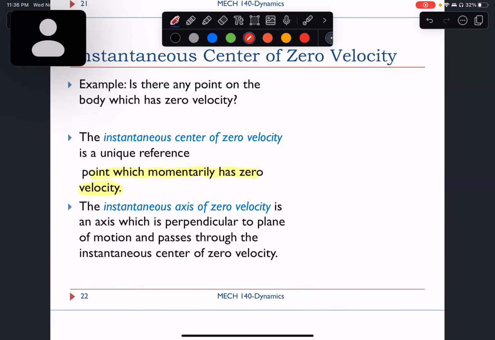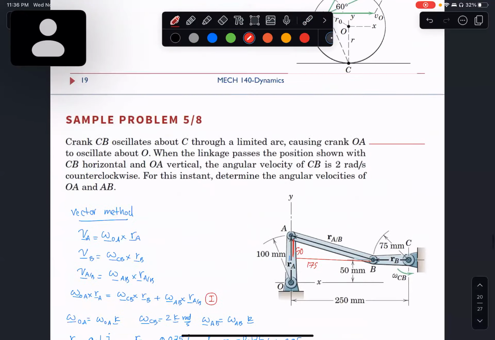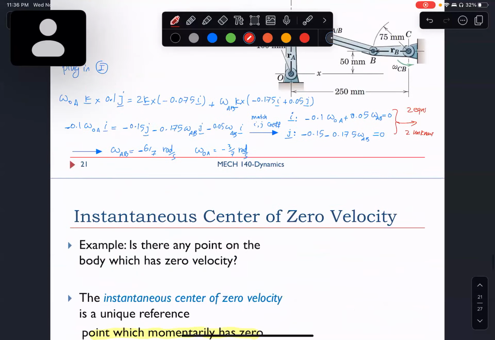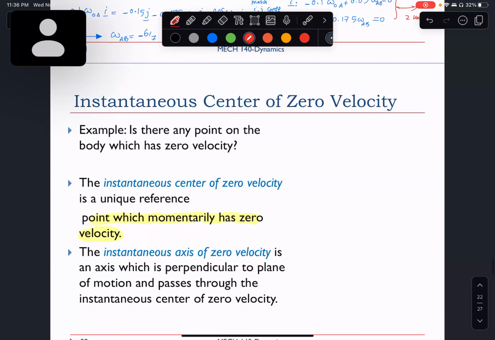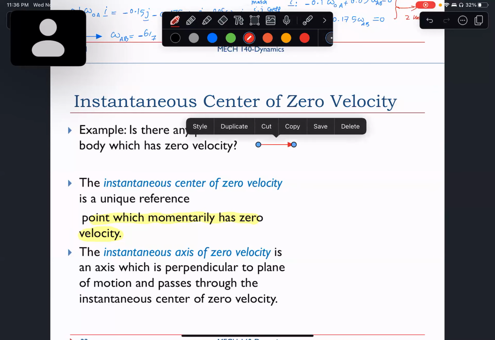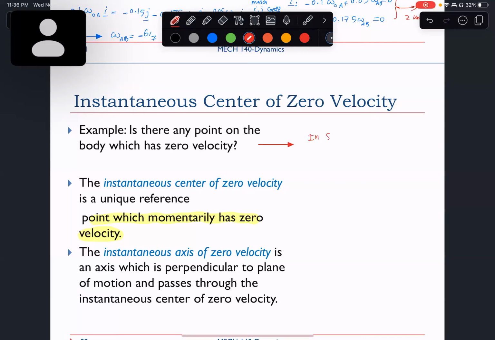Let me point you to sample problem 5.7. And the answer is yes.